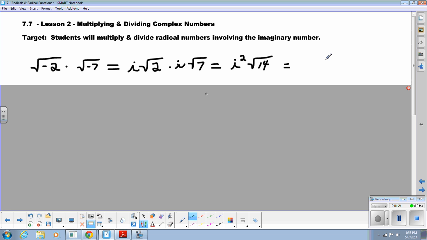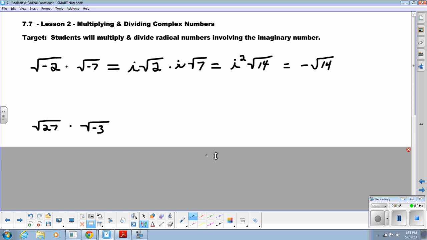So now I can change that, and I can say that this is the opposite of the square root of 14. And then I would be done with that. Since i squared can be changed to -1, I'll change that. And then the square root of 14 doesn't have any perfect squares, so at this point, I have now multiplied the square root of -2 times the square root of -7.